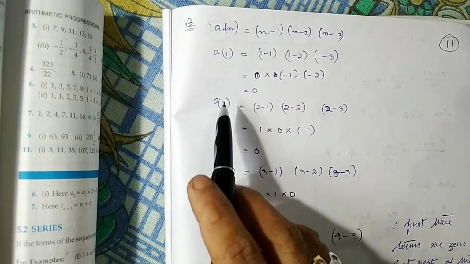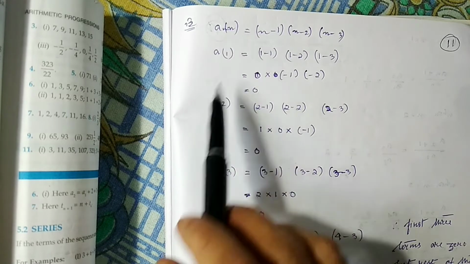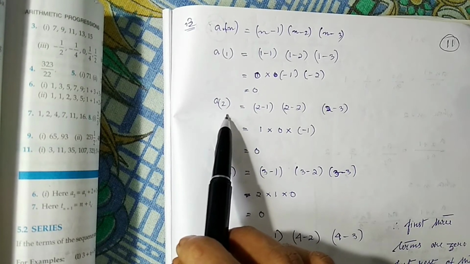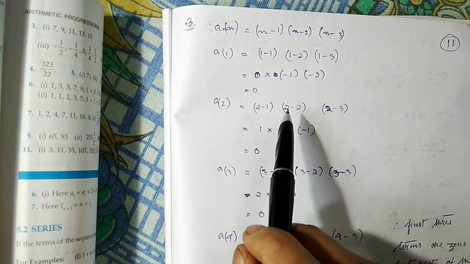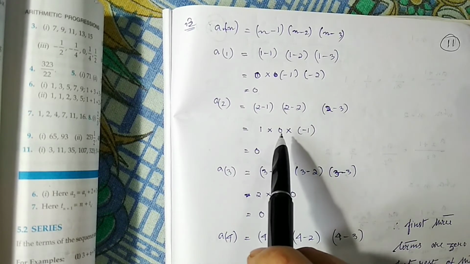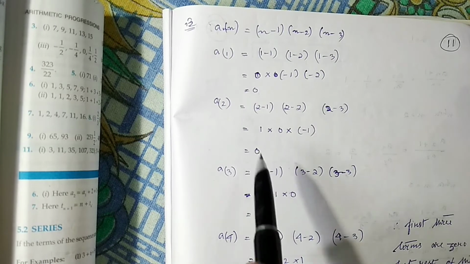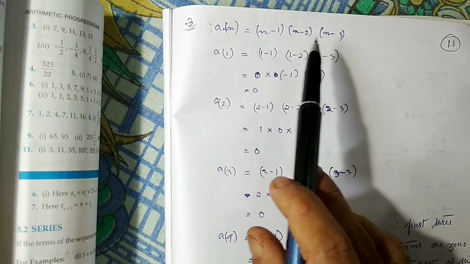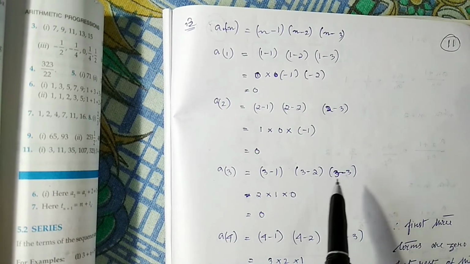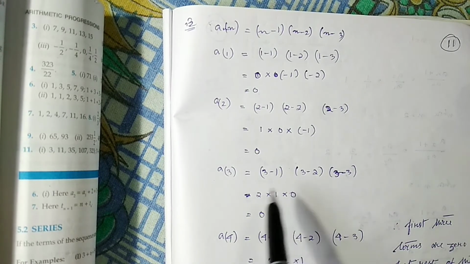For the second part, if I replace n by 2, I am going to get a2 equals 2 minus 1, 2 minus 2, 2 minus 3. Here again 2 minus 2 will be 0, and 0 into something is 0. If you replace it by 3, 3 minus 1, 3 minus 2, 3 minus 3, and 3 minus 3 will be 0. Since it is 0, the whole thing is 0.